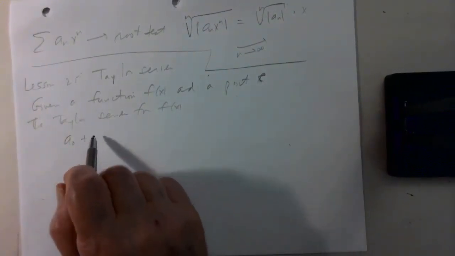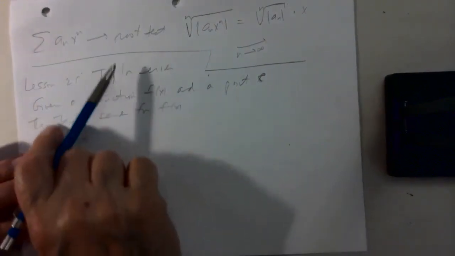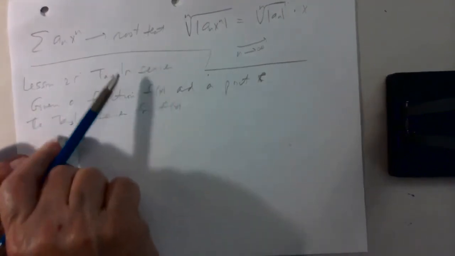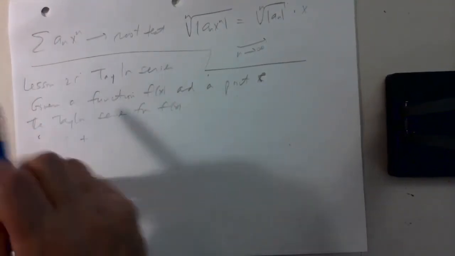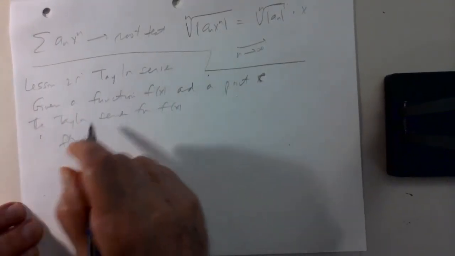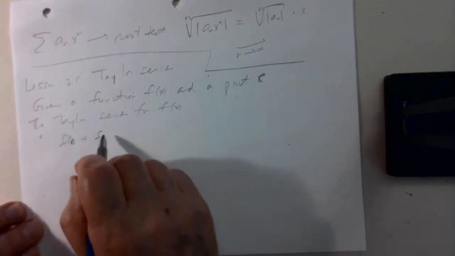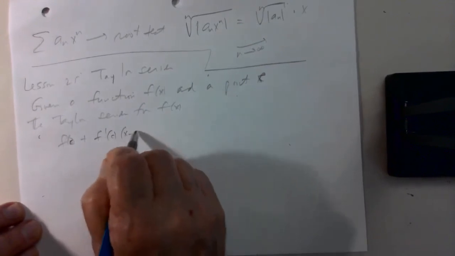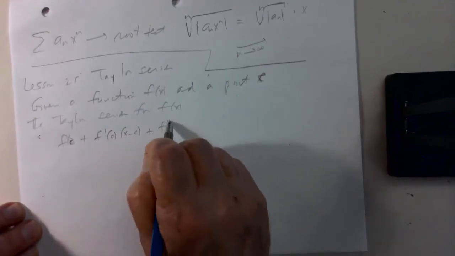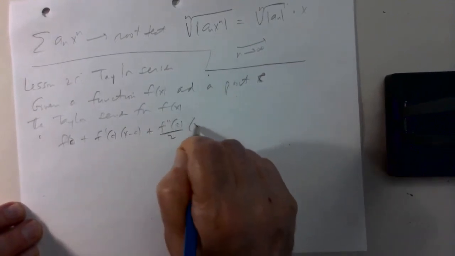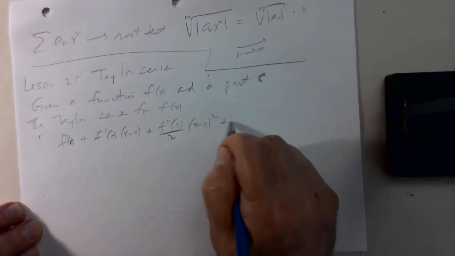The constant term is f of c, plus f prime at c times x minus c, plus the second derivative at c over 2, times x minus c squared.